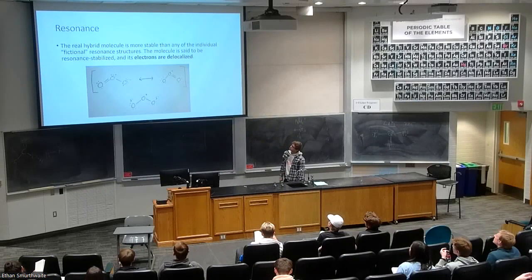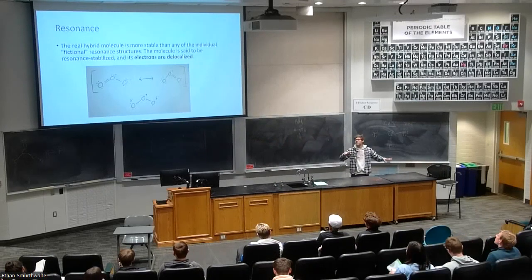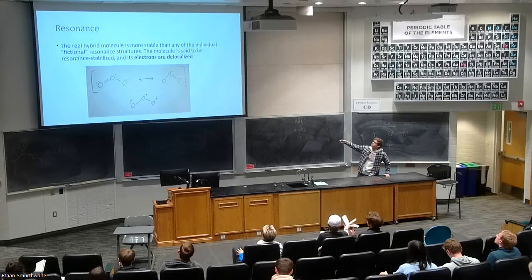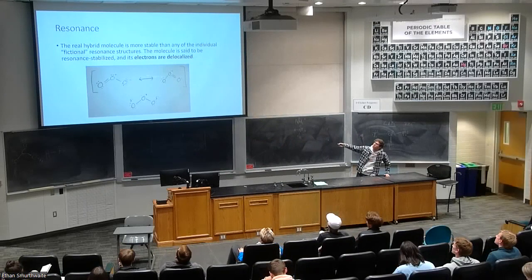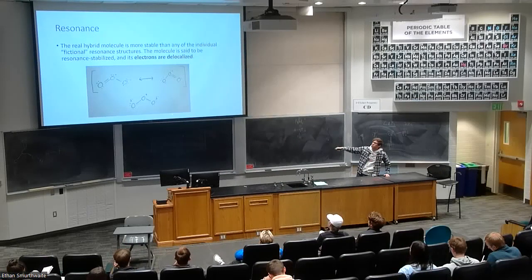So this is resonance. You should know the definition of resonance. This is my drawing. Thank you, I'm very good. So the resonance structure is not just swapping between these two. It's actually an average, right? So it's an average of these two. And you use the dotted lines to represent that.